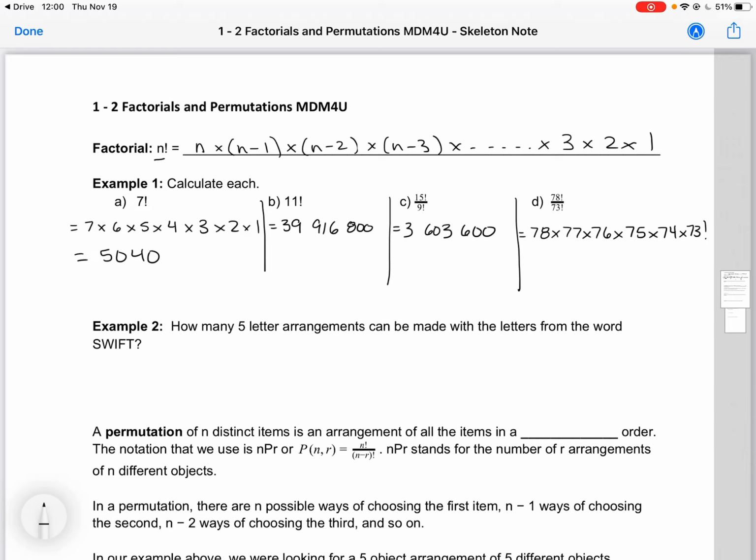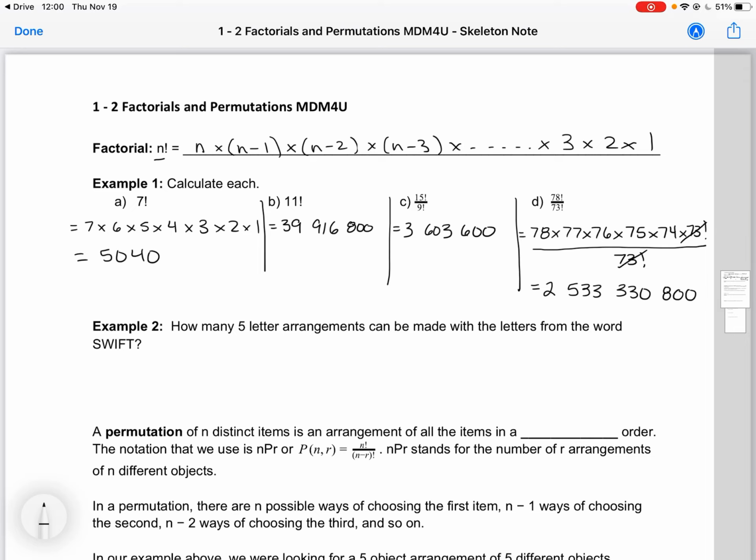So this numerator here is the same as 78 factorial. Now what this allows me to do is that I've got 73 factorial on the bottom, 73 factorial on the top. Those are just numbers, so I can cancel them out, leaving me with 5 numbers to multiply together, which is still a big number, but something that is small enough for my calculator to handle.